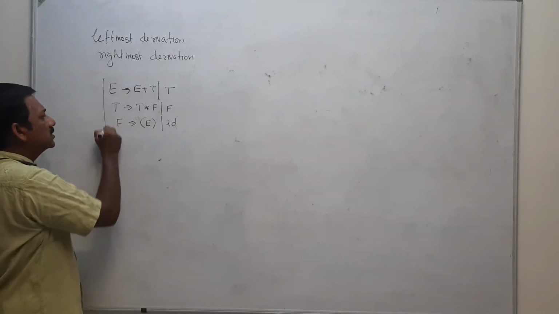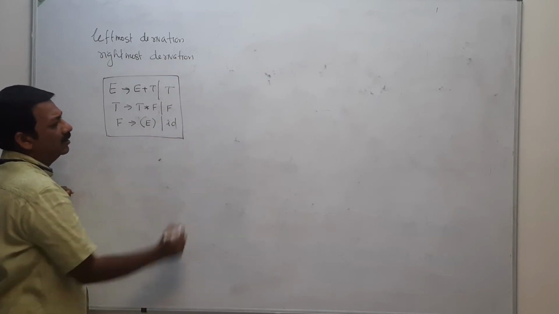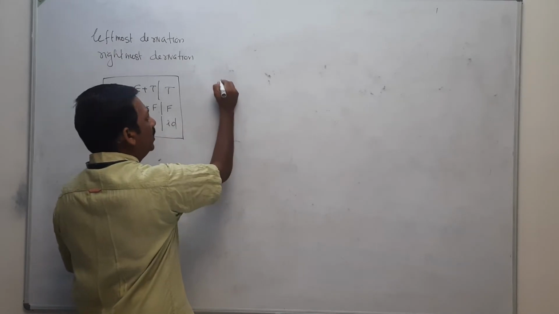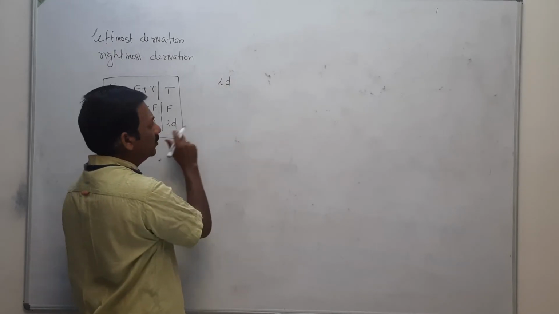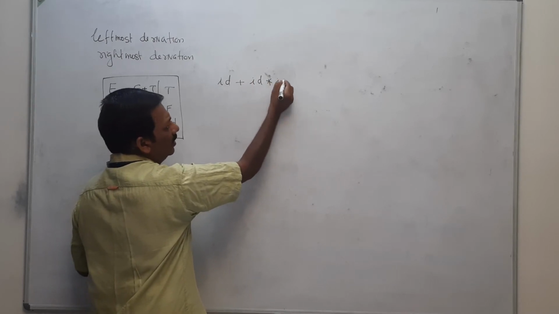So this is a grammar, and suppose that I am going to generate the terminal string ID plus ID star ID.